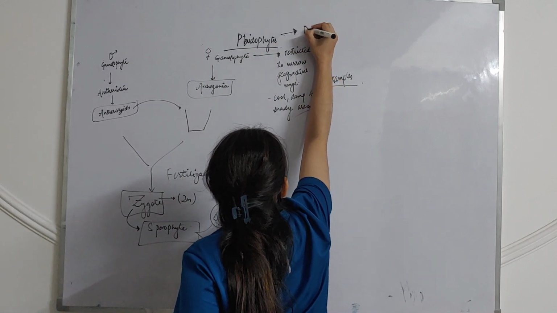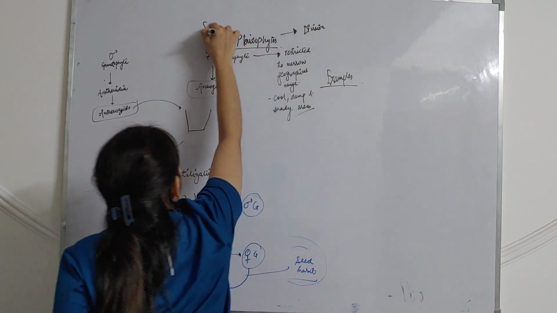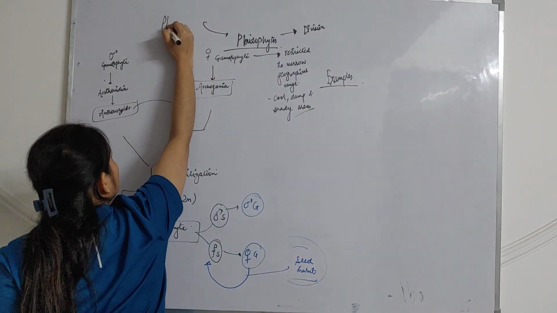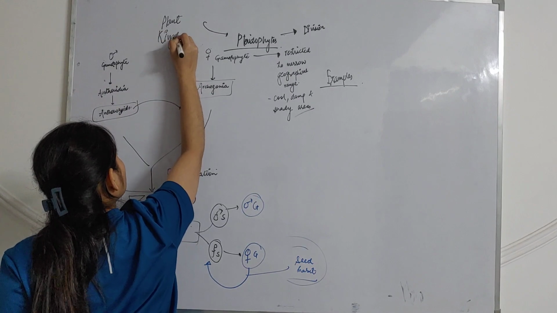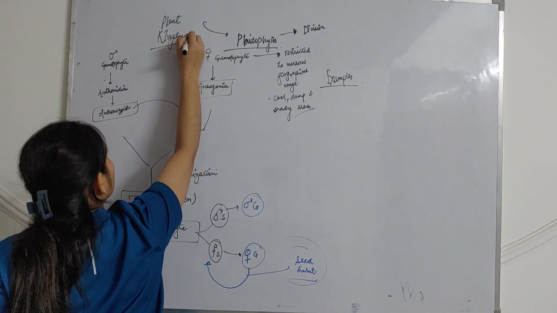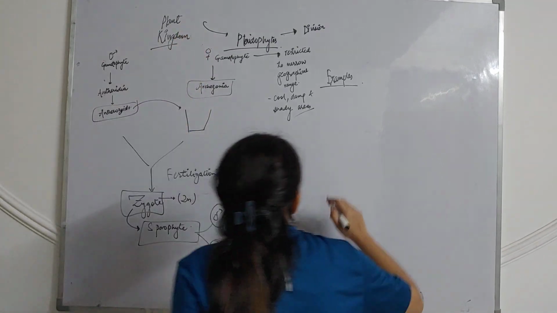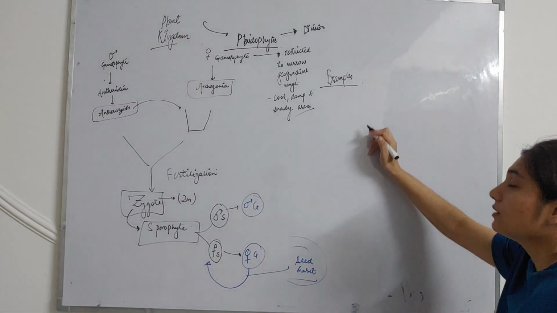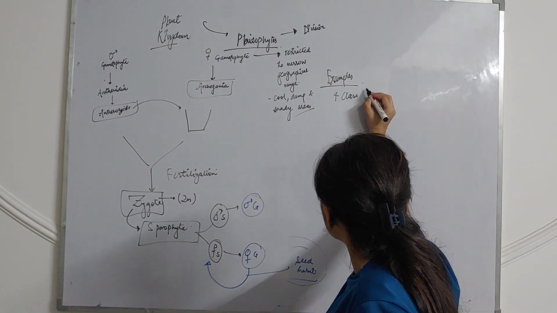Pteridophyta is a division under the plant kingdom. There are four classes in the division Pteridophyta.